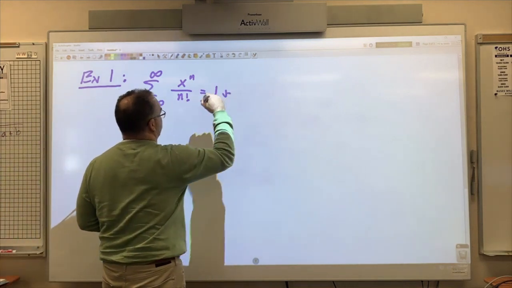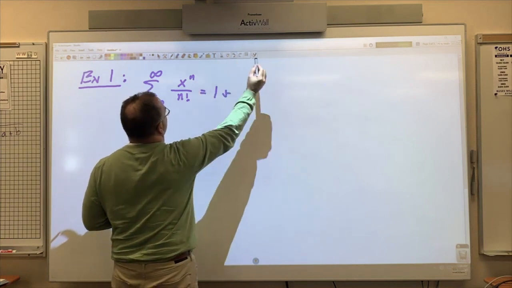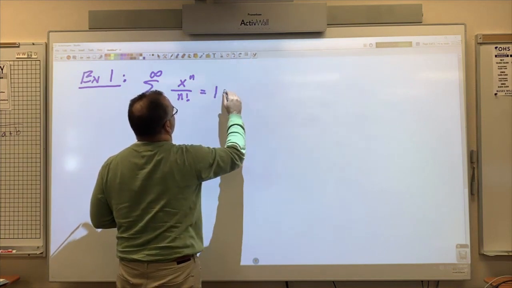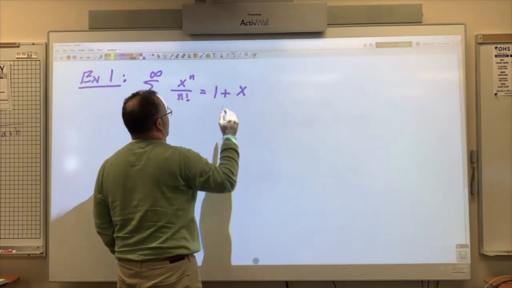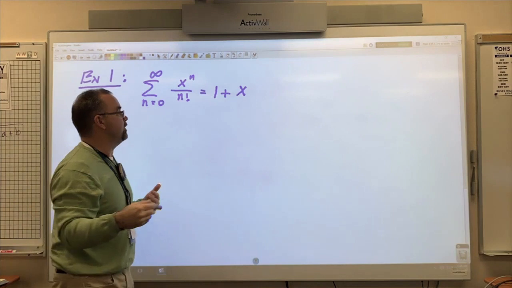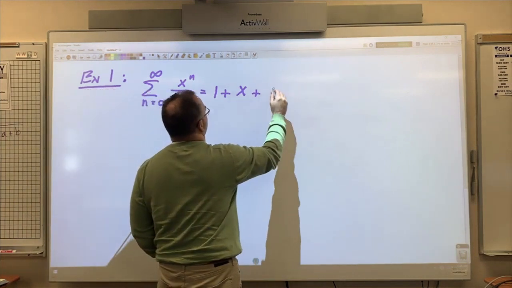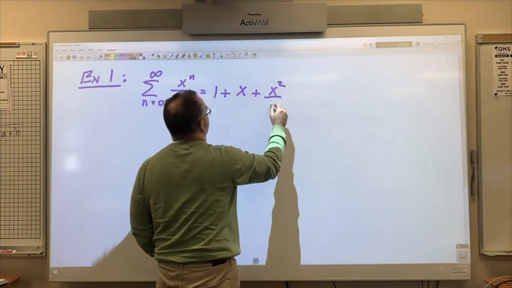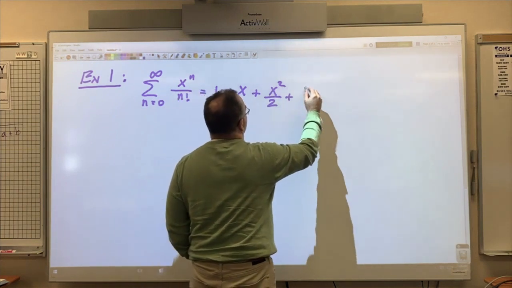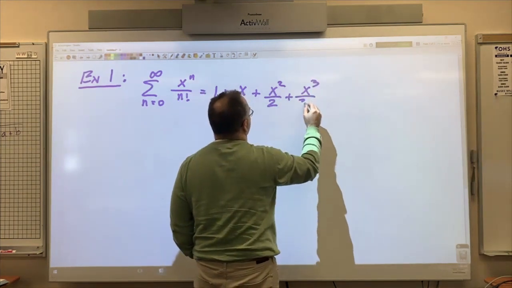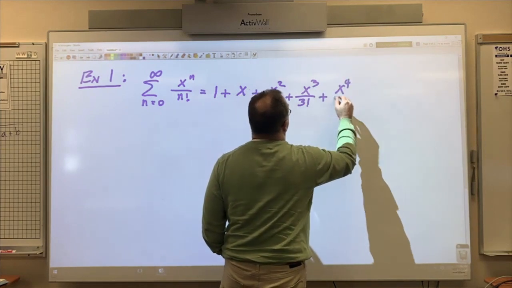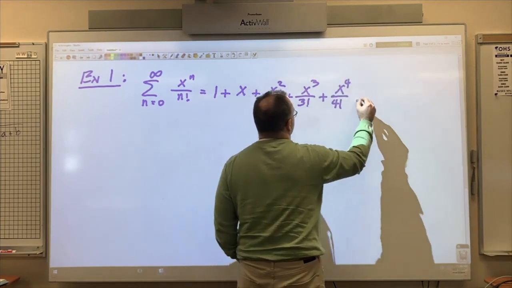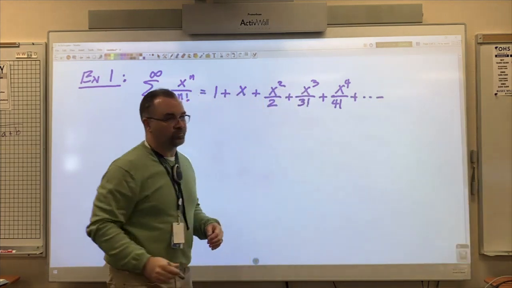And if n is 1, we have x over 1 factorial. If n is 2, we have x squared over 2 factorial. If n is 3, we have x cubed over 3 factorial, which is really 6. And if n is 4, we have x to the 4th over 4 factorial, which is really 24, and so on and so forth.